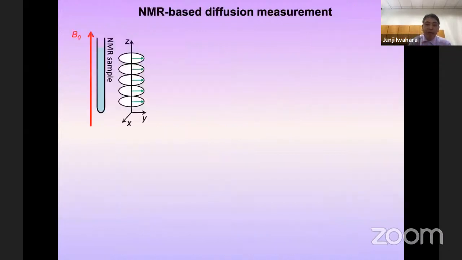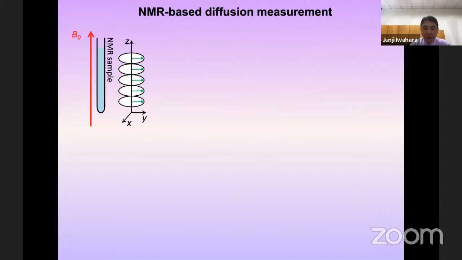Today, I'm going to talk a lot about ion diffusion. So let me briefly explain how the method works. Of course, diffusion is about diffusion in liquid. So we use liquid NMR, and this is an NMR sample. We typically use a uniform magnetic field. In other words, at every point throughout the NMR sample, the NMR frequency is identical.